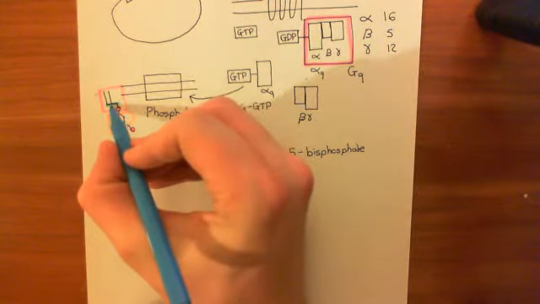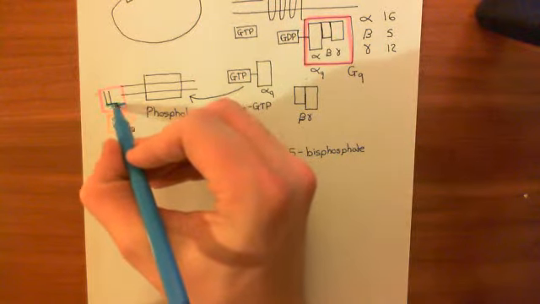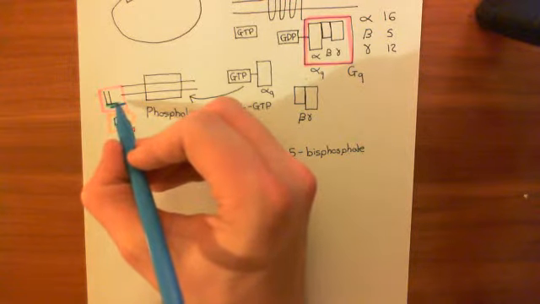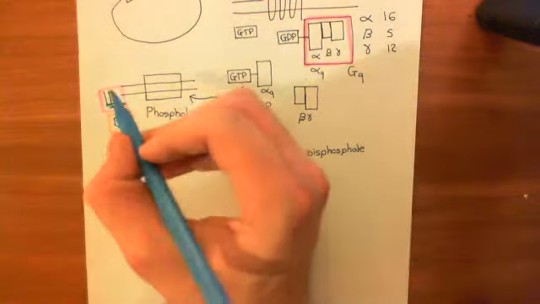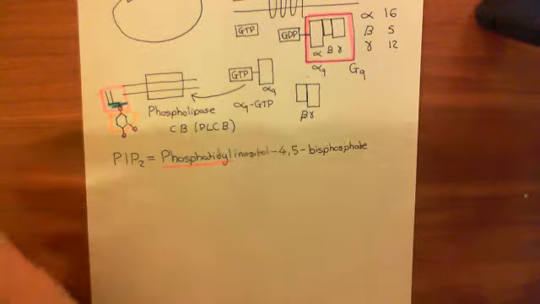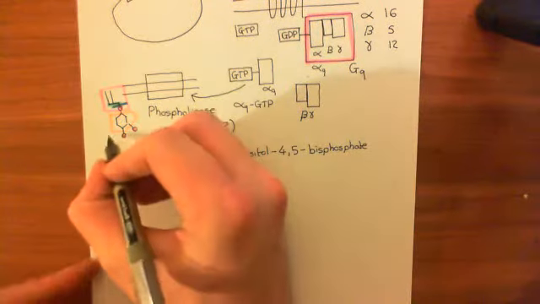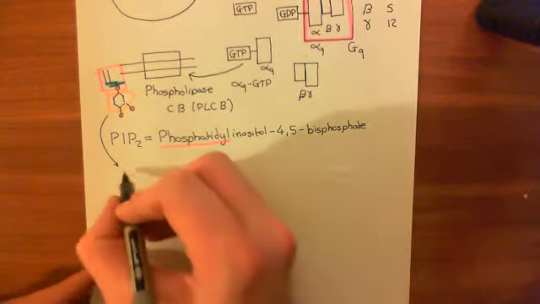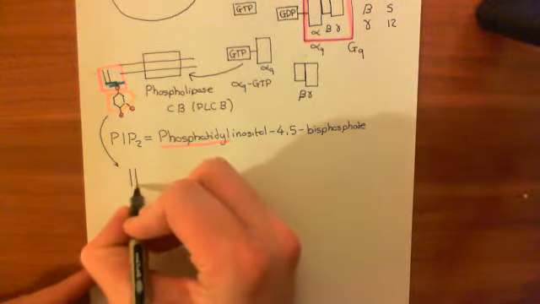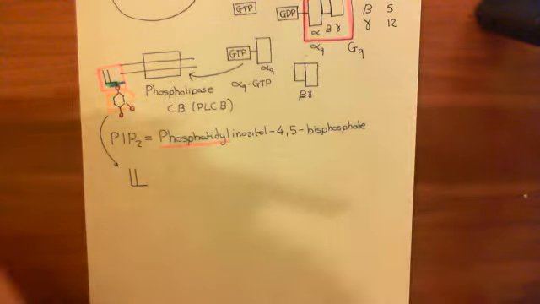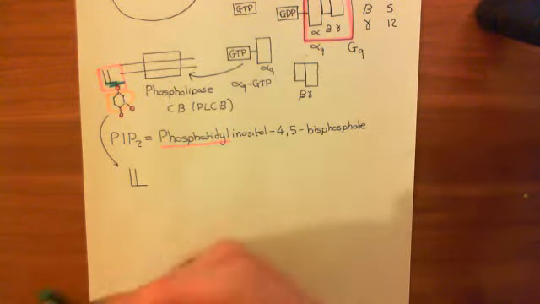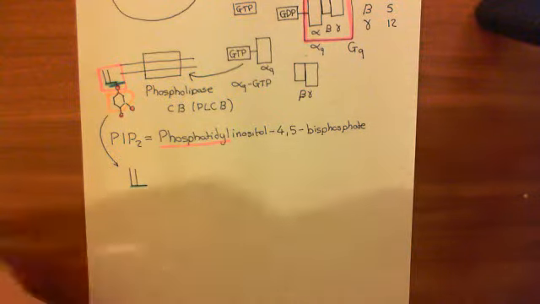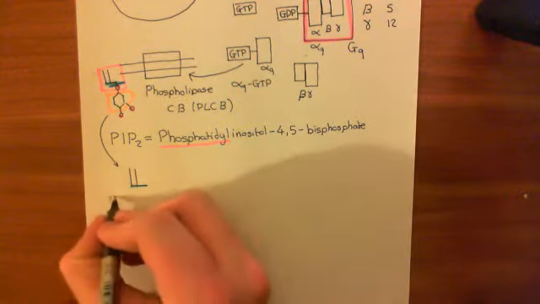The bond it's going to cleave is the bond between the third hydroxyl group of the glycerol molecule and that phosphate group. So the overall products you get out of this are a diacyl glyceride molecule here, which is glycerol linked to two free fatty acids, or two long-chain carboxylic acids. So there's our diacyl glyceride.